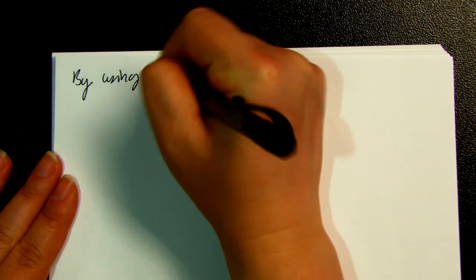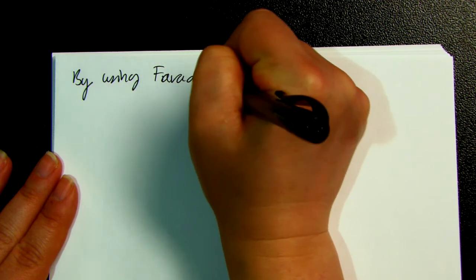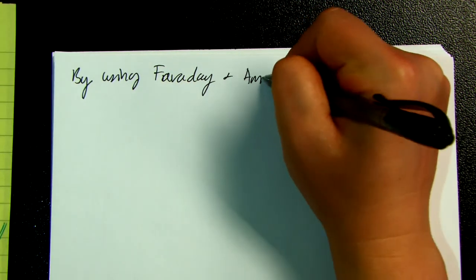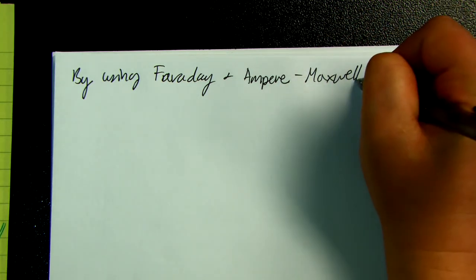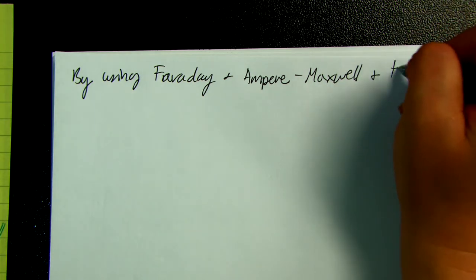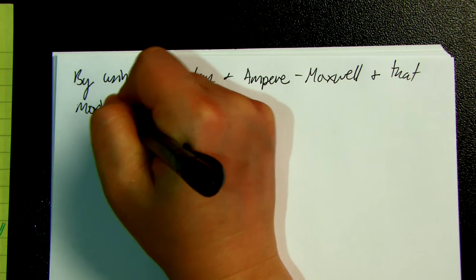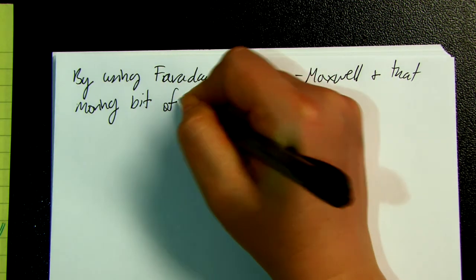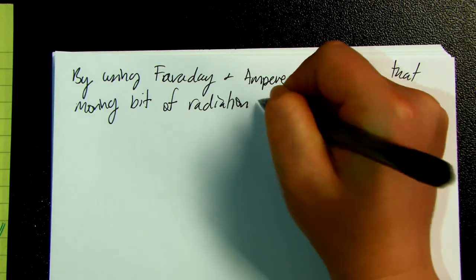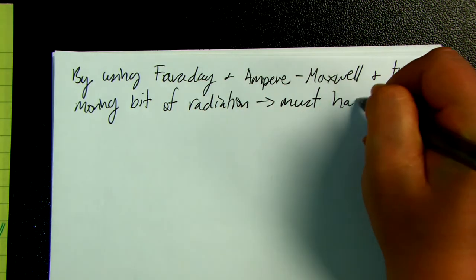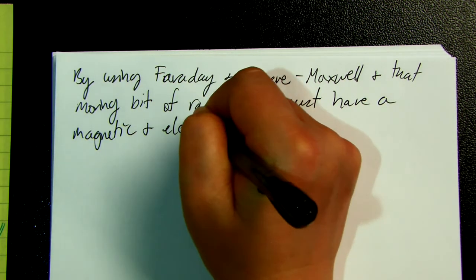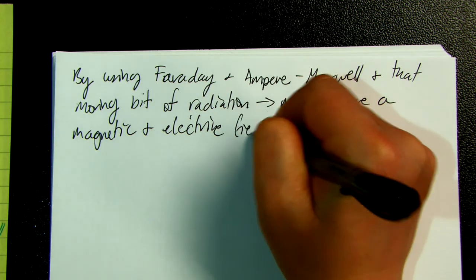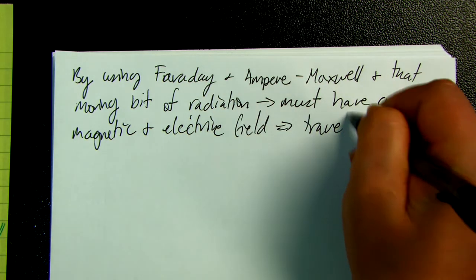So by using Faraday and Ampere-Maxwell, that moving bit of radiation must have a magnetic and electric field traveling through empty space.